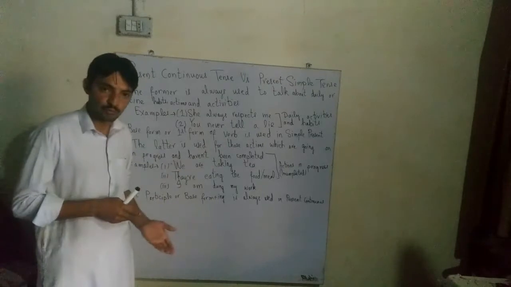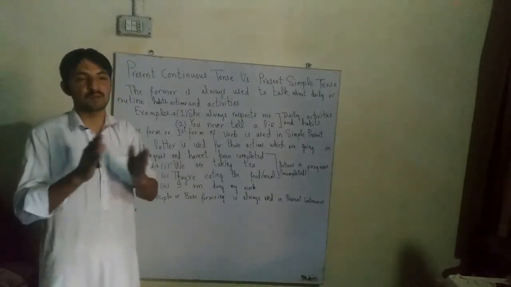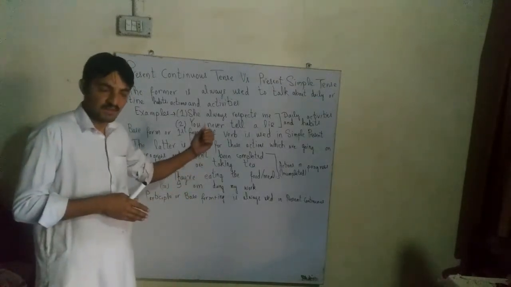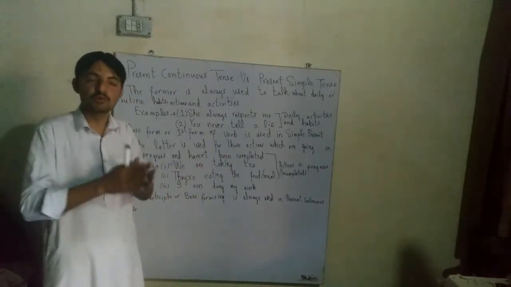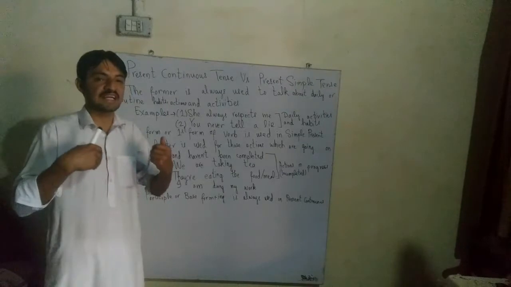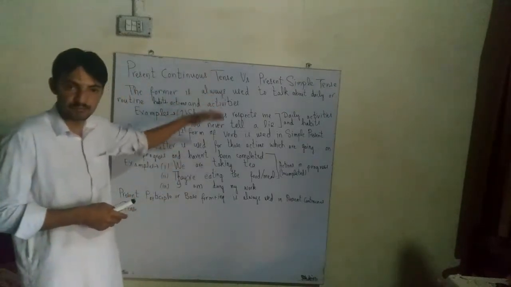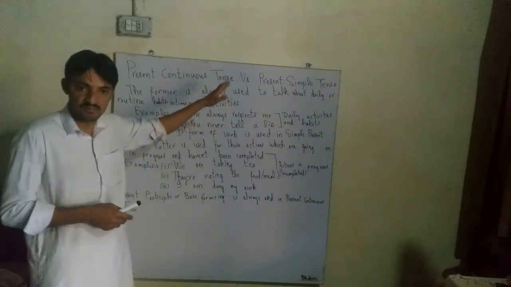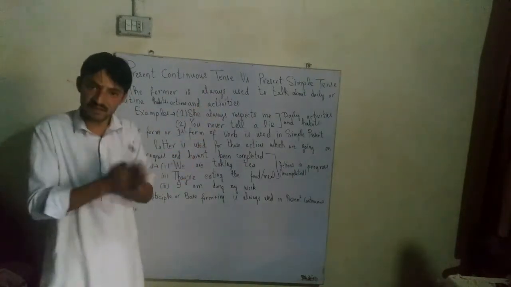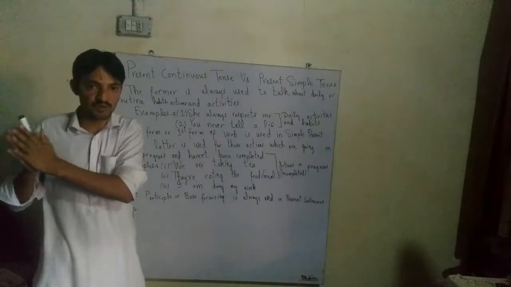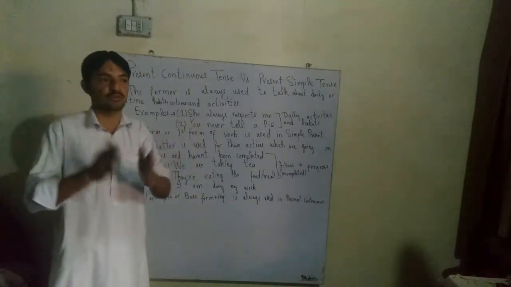So we always use present participle form of verb in case of present continuous tense, while we use first form of verb in present indefinite tense. So it was the main difference between the usage of present indefinite tense and the usage of present continuous tense or present progressive tense.